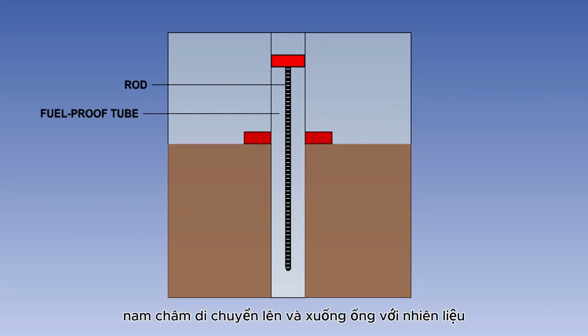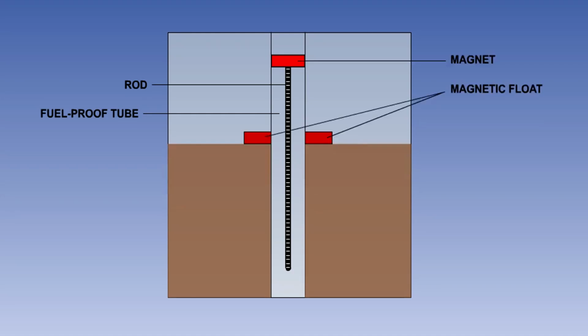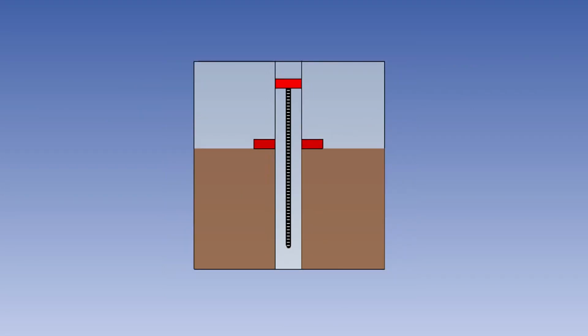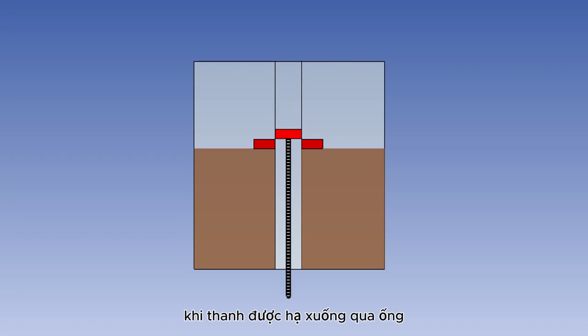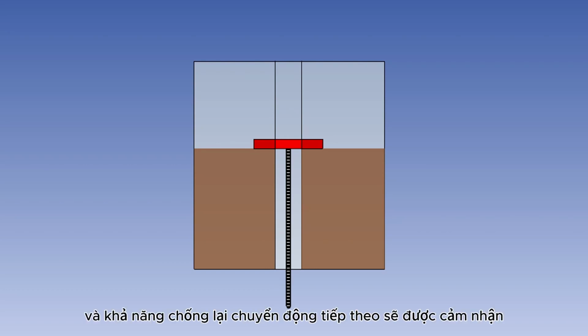The magnet moves up and down the tube with the fuel. The tip of the rod is also fitted with a magnet. When the rod is lowered through the tube, as the two magnets line up, their fields attract each other, and resistance to further movement will be felt.